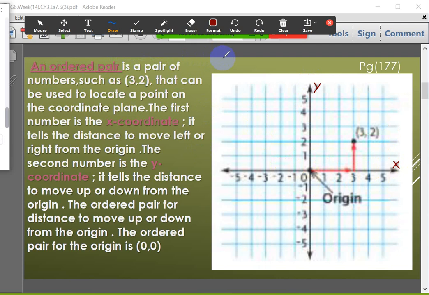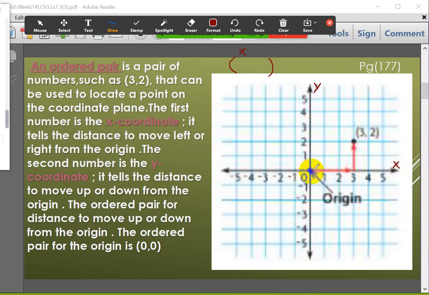Those numbers are an ordered pair, which means they are in order. The first one is the x-coordinate, and it tells the distance to move left or right from the origin. So the x-coordinate will help us to move on the x-axis. If the number is positive, we move on the x-axis to the right.